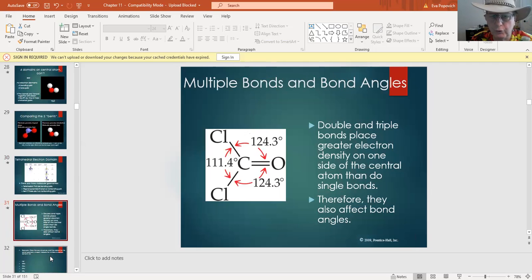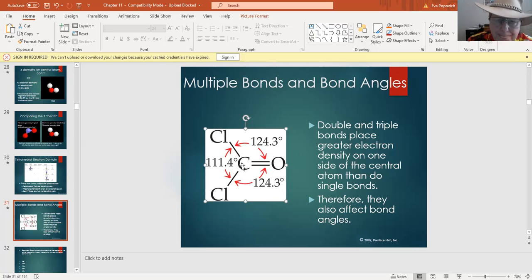Some other things to consider. If you have an oxygen out here that has a double bond, and you have like 2 chlorines sticking down here, and this is a very bad molecule, it's phosgene.